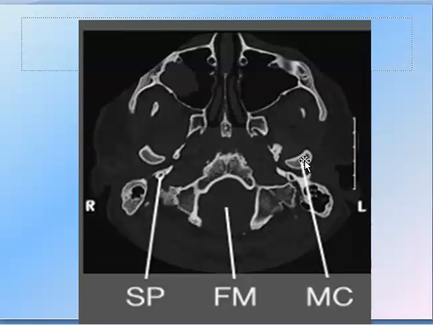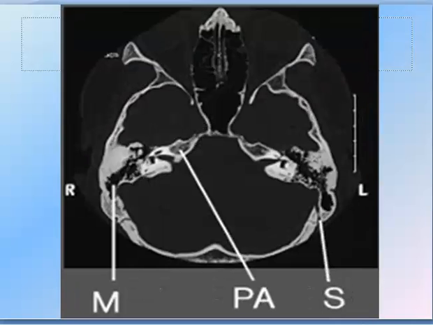A mandibular condyle, mastoid air cells, foramen magnum, and here we have a suture, petrous apex, internal canal, and there should be opposite to it here the external canal, but this is variable according to the angulation of the head, and this is the mastoid air cells.